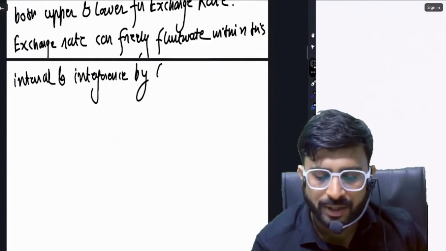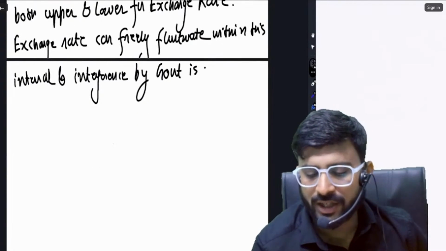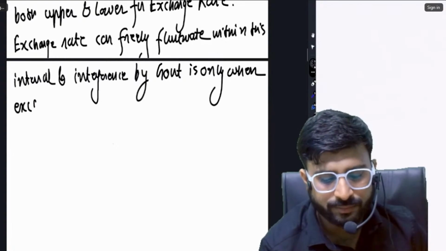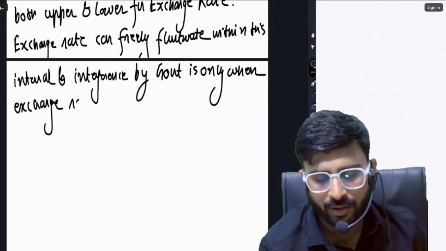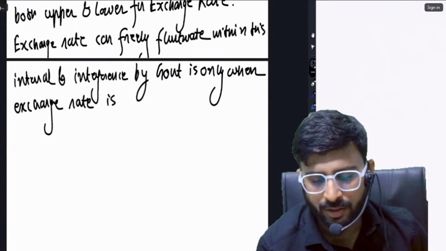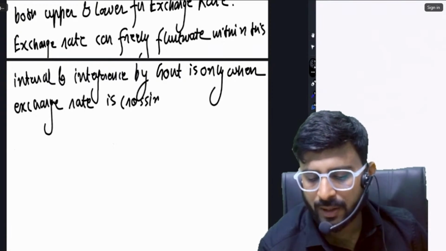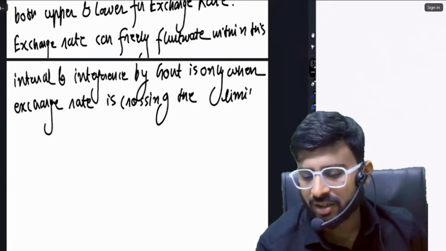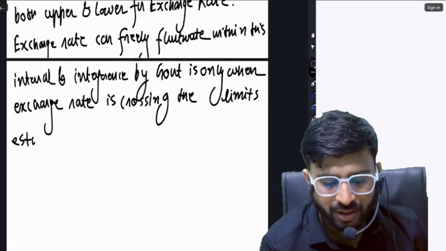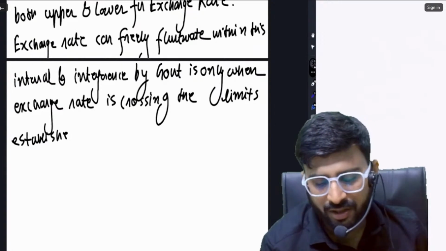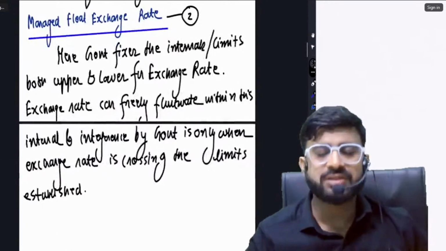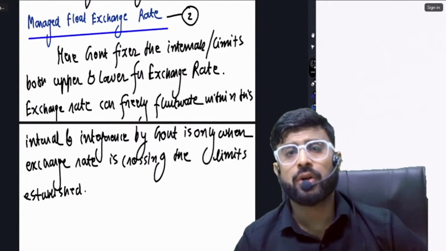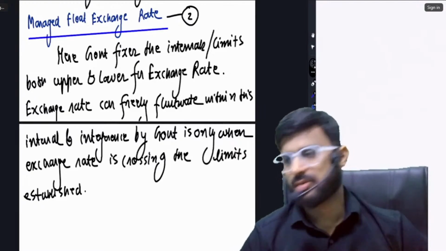Interference by the government is only when the exchange rate is crossing the limits established. That is called a managed float exchange rate.